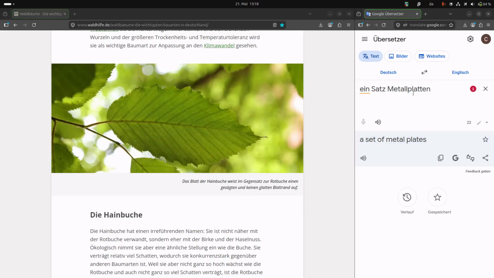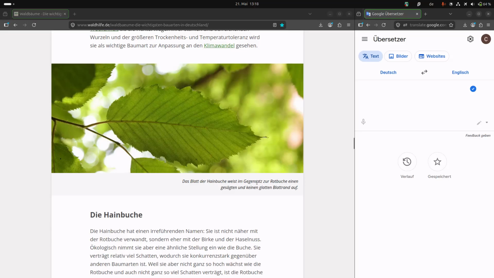This is mostly used in terms of things for construction and stuff like that. So, Gegensatz means in contrary.